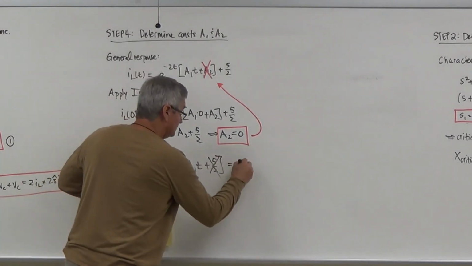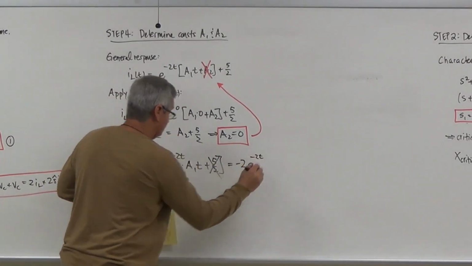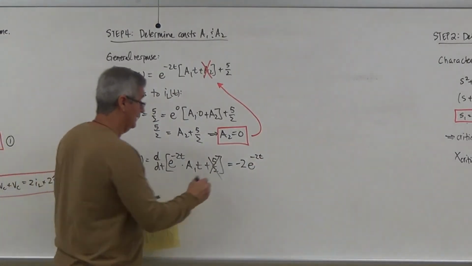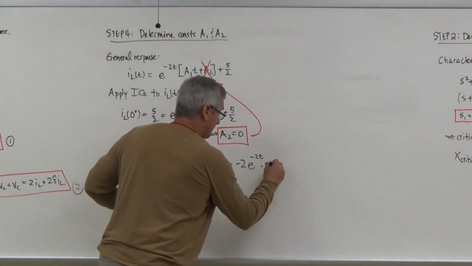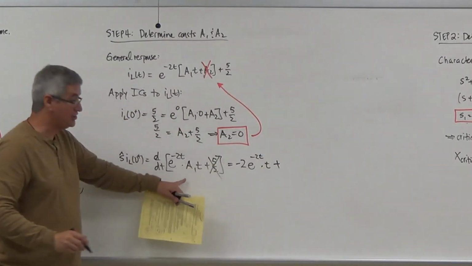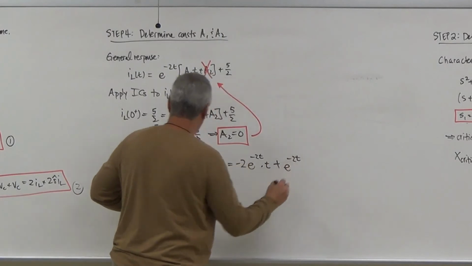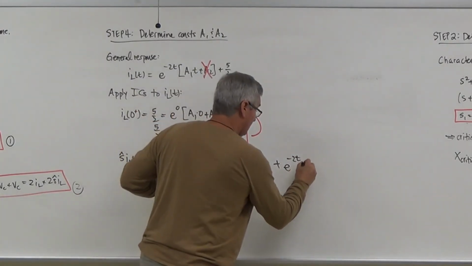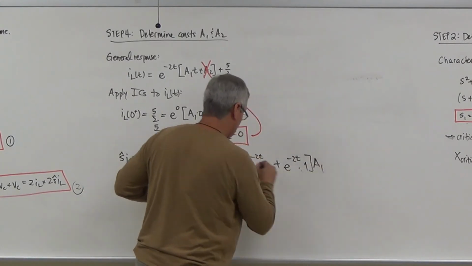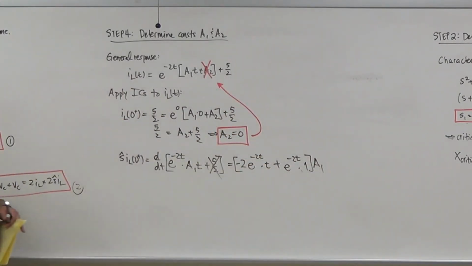I've got to do minus 2 e to the minus 2t times t plus, the chain rule says that I give this e to the minus 2t times the derivative of t, which gives me that quantity right there where I factored out a1.